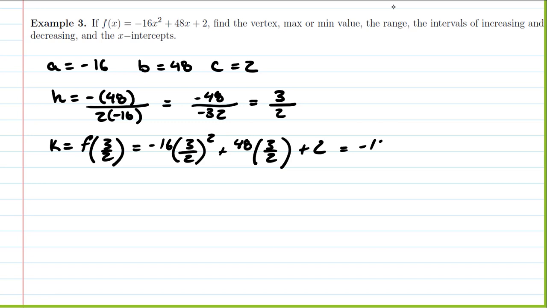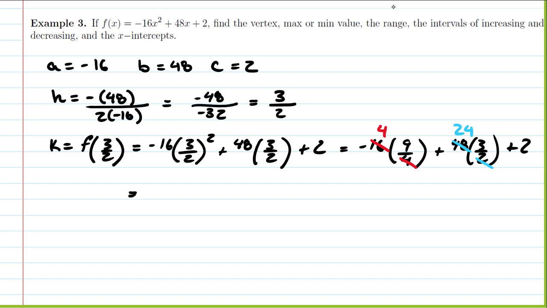So that's negative 16 times 9 over 4 plus 48 times 3 over 2 plus 2. So then 4 goes into 16, leaving 4 behind. 2 goes into 48, leaving 24 behind.